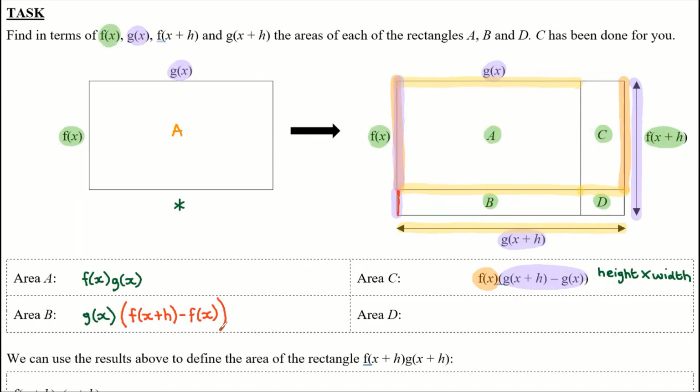C we've done, and D is the small rectangle in the corner. So what have we got going on here? Well, the height, of course, is going to be exactly the same as the height for the area of B. So I'll put that in first because that's just going to correspond exactly the same. So it's going to be f of x plus h subtract f of x, and we'll put that in brackets.